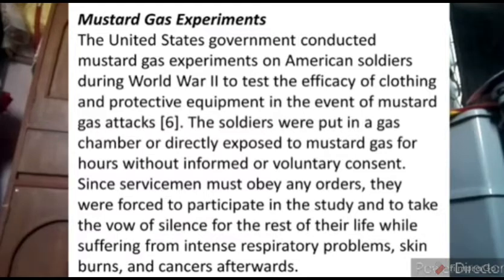The soldiers were put in a gas chamber or directly exposed to mustard gas for hours without informed or voluntary consent. Since servicemen must obey any orders, they were forced to participate in the study and to take a vow of silence for the rest of their lives while suffering from intense respiratory problems, skin burns, and cancers afterwards.